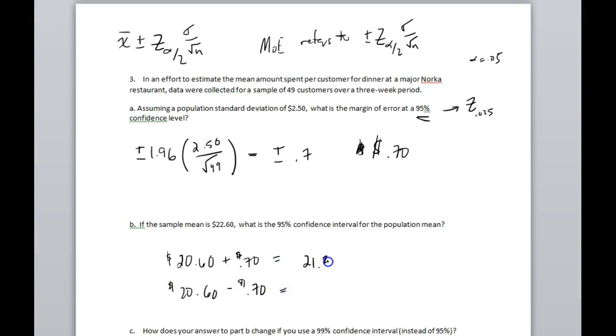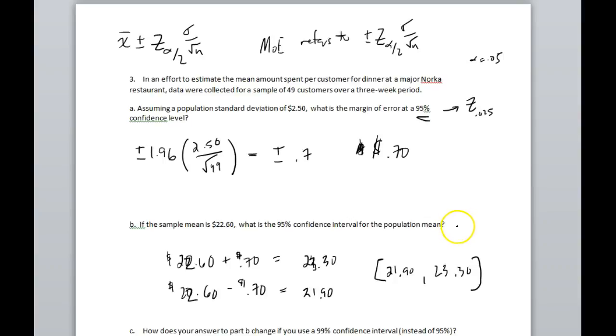So we get 22.6 plus 0.7 is 23.3, and 22.6 minus 0.7 is 21.9. Okay, and so then our 95% confidence interval is going to be from $21.90 to $23.30. So that is the 95% confidence interval for the population mean.